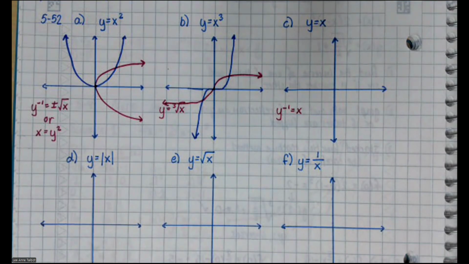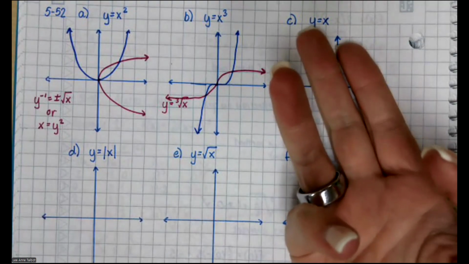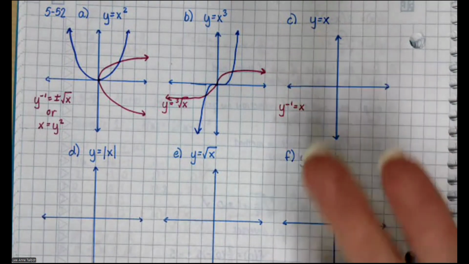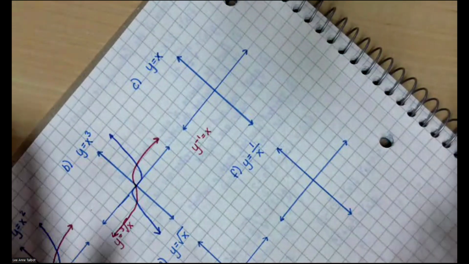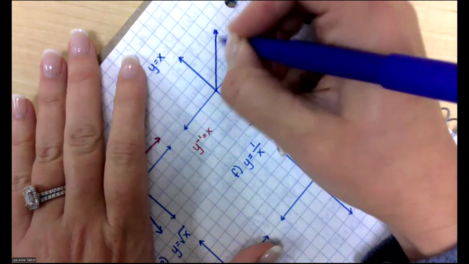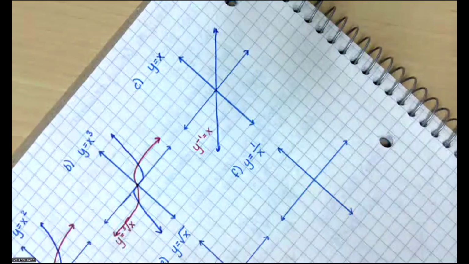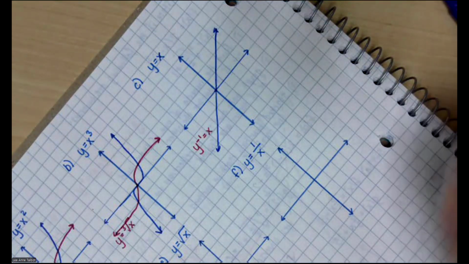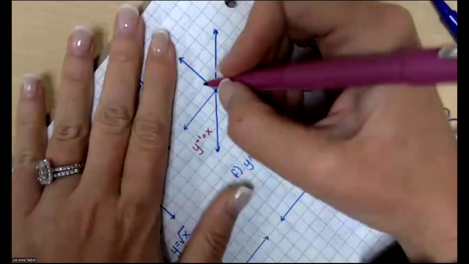The inverse is itself, because if you flip this around, it's the same thing. Also, think about it graphically speaking. If you draw the line y equals x, it's on the line of reflection of y equals x. It is the mirror. Okay, now I'm gonna ruin my pen.